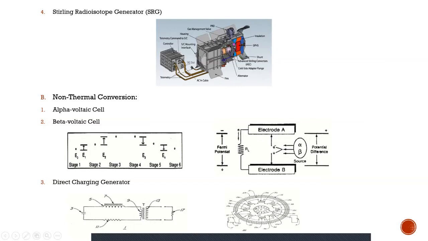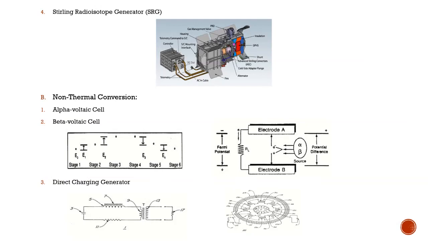When the radioactive materials are radiating energy, or alpha and beta particles, and they move between the plates, it creates a potential difference, and as a result the potential difference runs the whole system or the load. So it's basically simple: creating a potential difference using the radioactivity, which in turn runs the load.